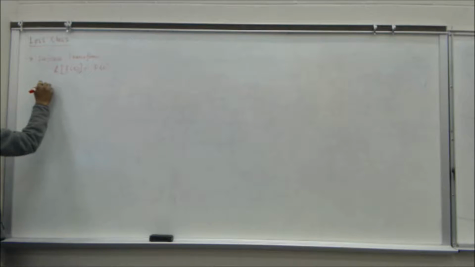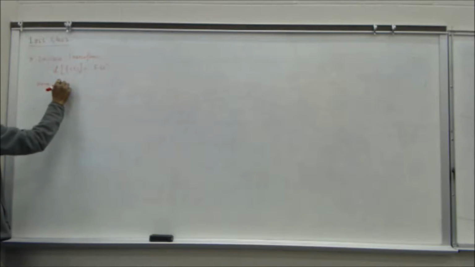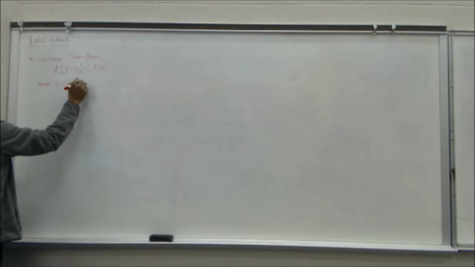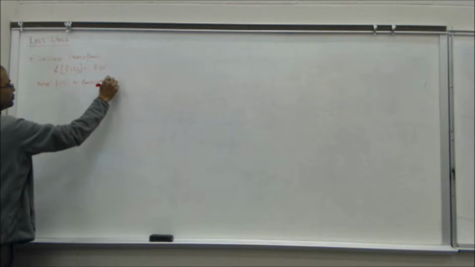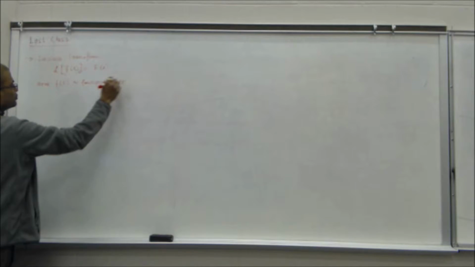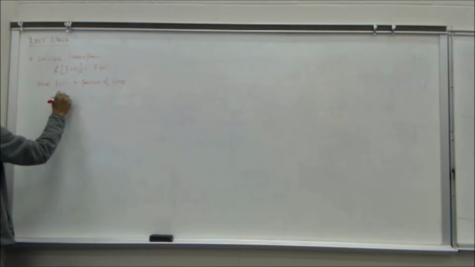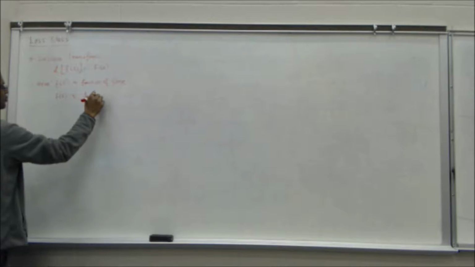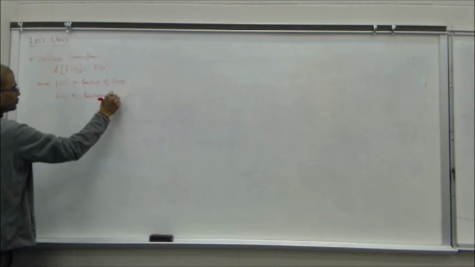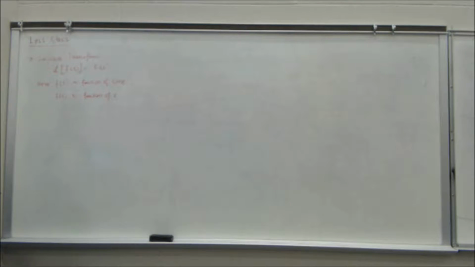And here f of t is a function of time, F of s is a function of s, which is frequency or complex variable, right?